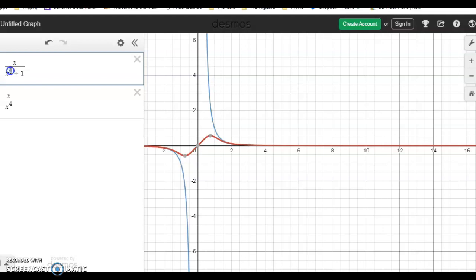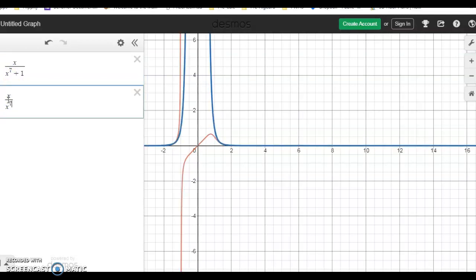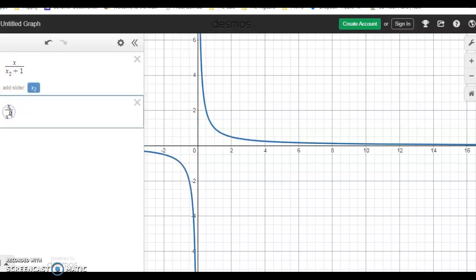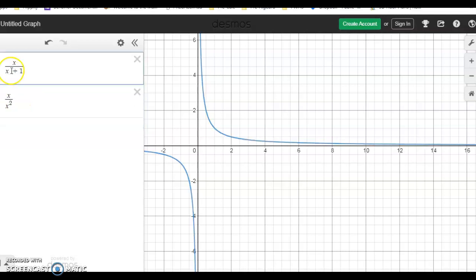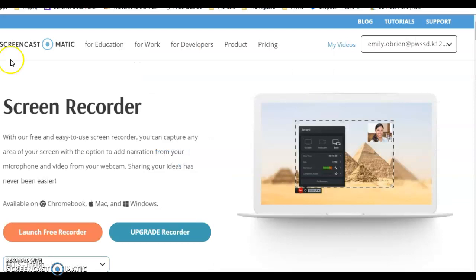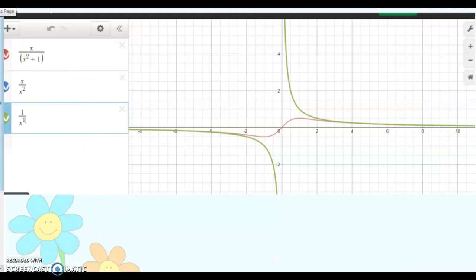What if it's x to the 7th? If it's x to the 2nd again, oops, that was a subscript. Whatever we're doing, it's going to be pretty close to what we've got.